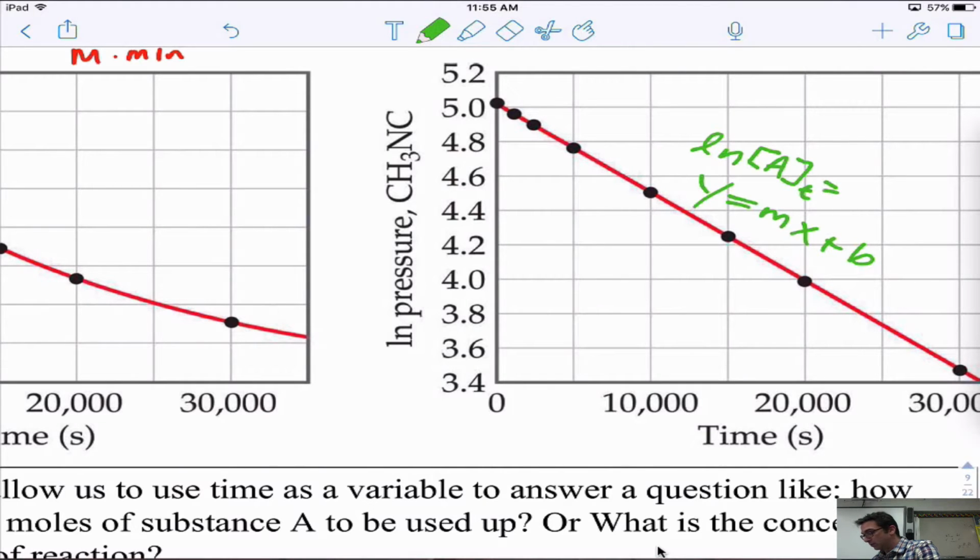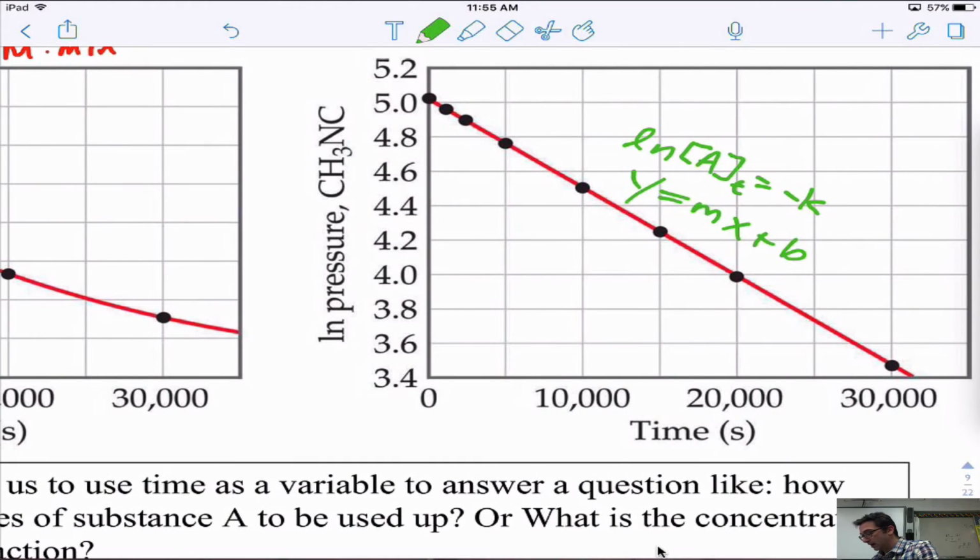M is the slope, negative k. X is time, plus the y-intercept, which is the natural log of the concentration of whatever reactant I'm talking about at time 0. This integrated rate law is so powerful for us to answer so many questions.